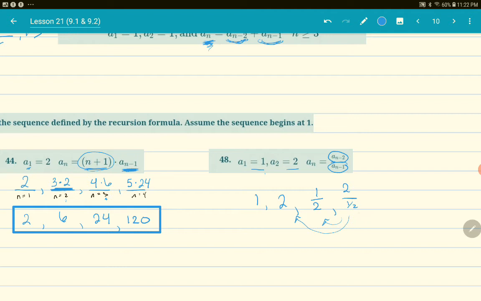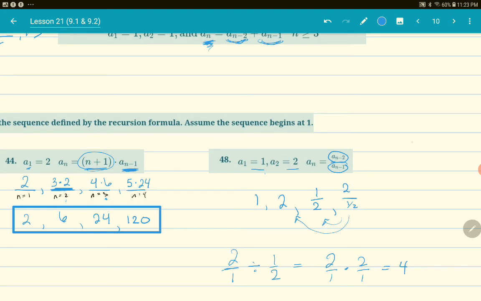Simplifying 2 divided by 1/2 sometimes gets a silly error. So I like to think about it this way: 2 divided by 1/2, and to divide fractions, I flip the second and multiply. So 2 divided by 1/2 is actually 2 times 2, which is 4.